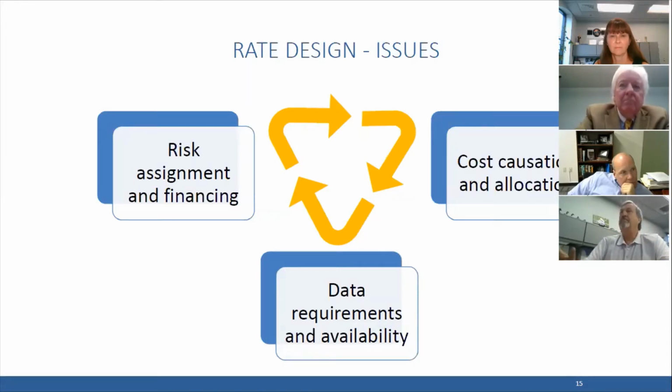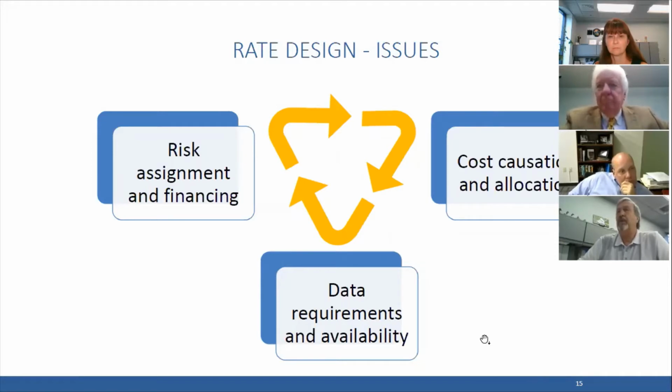In the rate design issues that we talk about today, I want to illustrate the competing objectives of rate design. We have issues of risk assignment, that is, the trade-off between the customer and the utility in terms of who is going to be facing the impacts of the uncertainty in what the costs actually turn out to be. That's one issue.